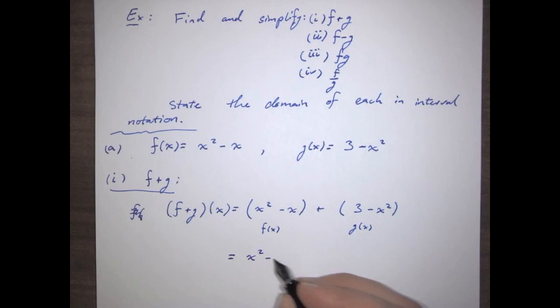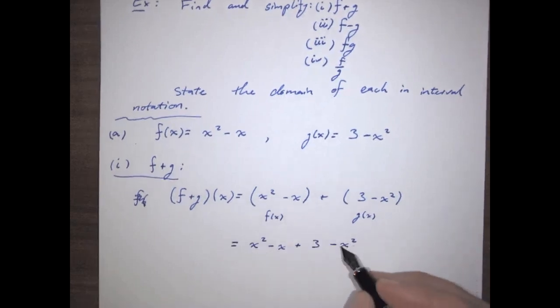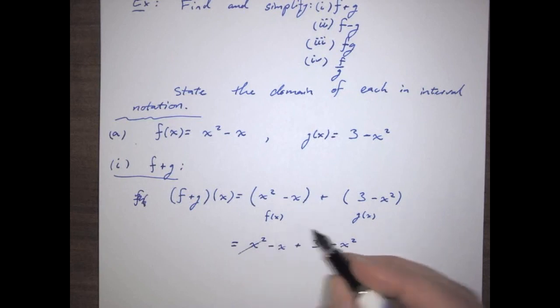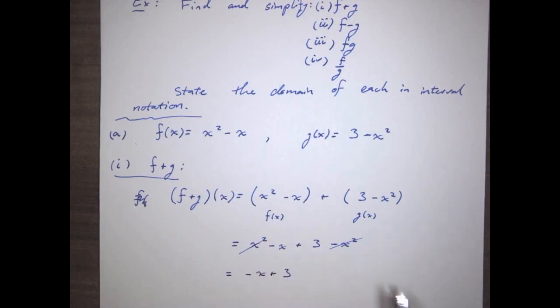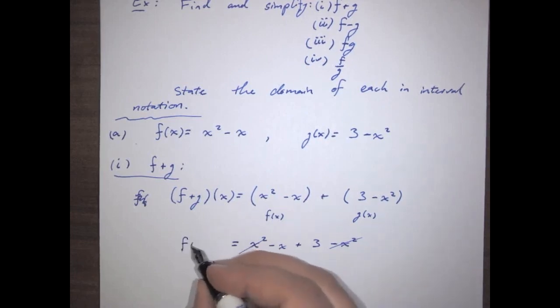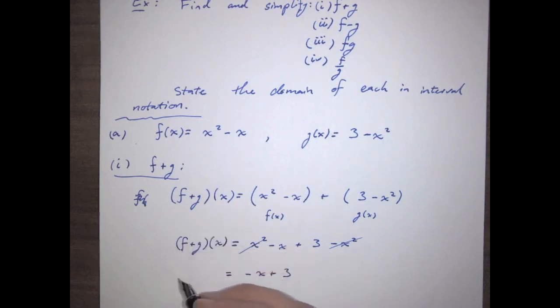So we can just get to simplifying. So we have x squared minus x plus 3 minus x squared. At this point we notice a couple of like terms, and they're actually canceling terms. And so we'll have negative x plus 3. So that's what f plus g of x is equal to.